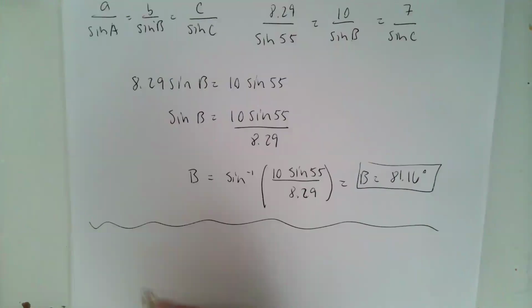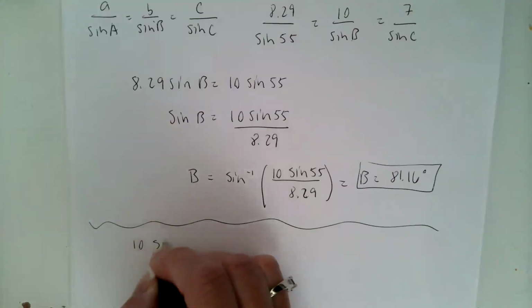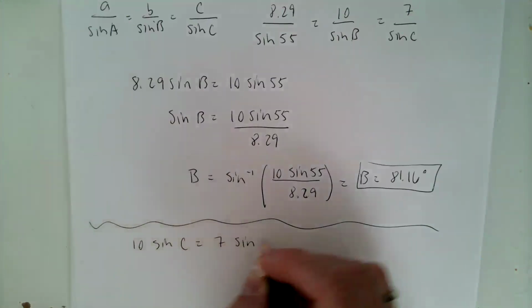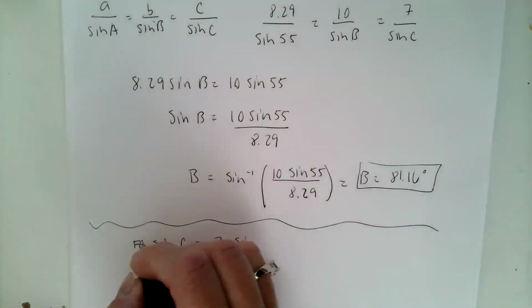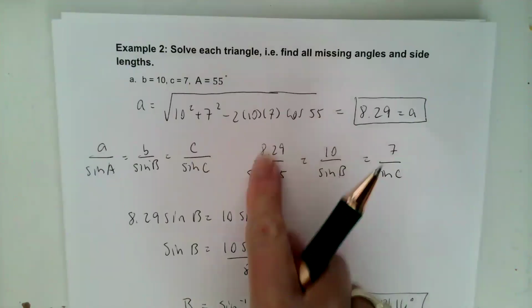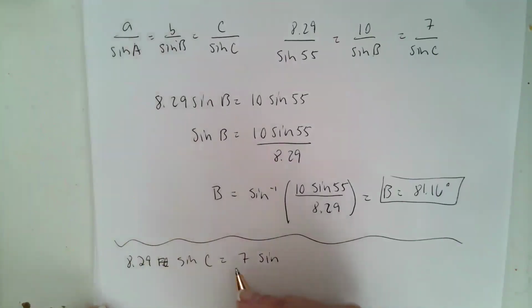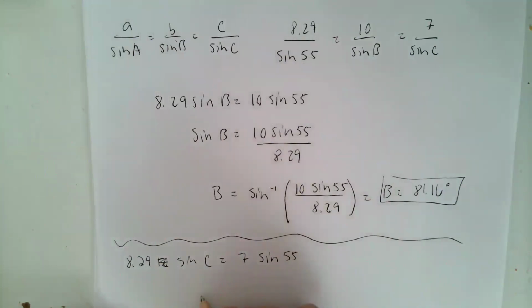So our law of sines says that 10 times the sine of C will equal 7 times the sine of, oh, sorry. We're going to use the one we were given because that's the more accurate. So it's 8.29 times the sine of C equals 7 times the sine of 55.